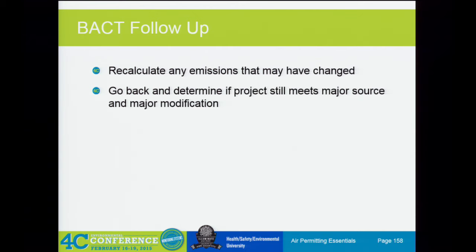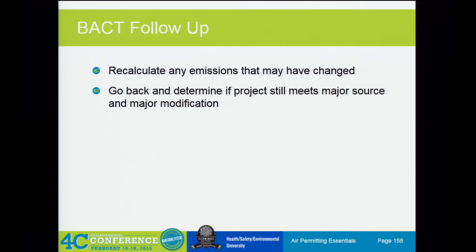So you'll have to tell them, well, we need to install an IFR on this tank, and you'll then recalculate your emissions, and that's when you'll go back and determine if the project is still meeting your major source and major modification definitions. A lot of times you'll go through this BACT analysis for your project, and you'll reduce your emissions so far that you stop triggering PSD.